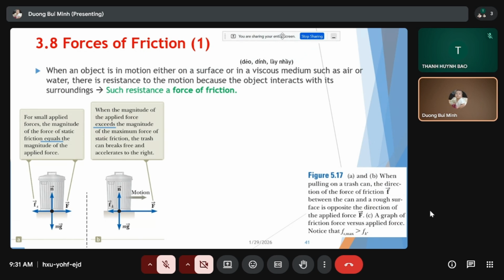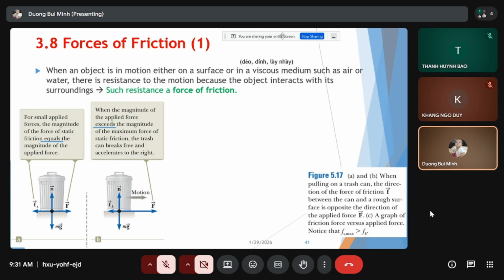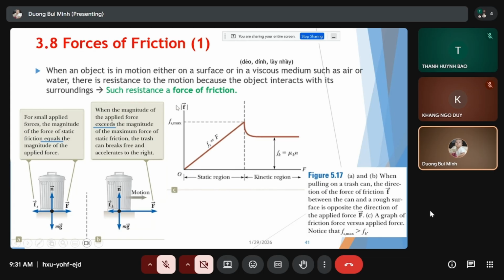We say dynamic friction force, Fk. We can say it's a dynamic, or a kinetic friction force.